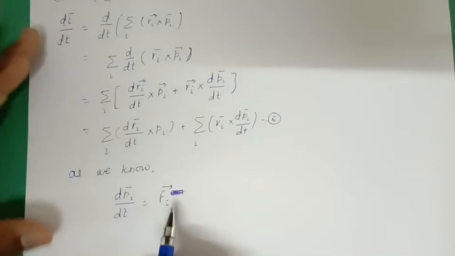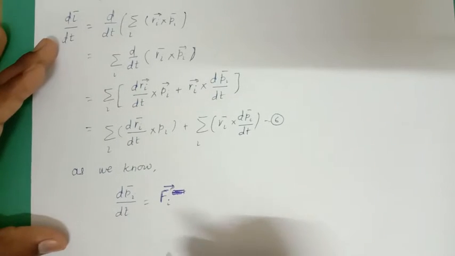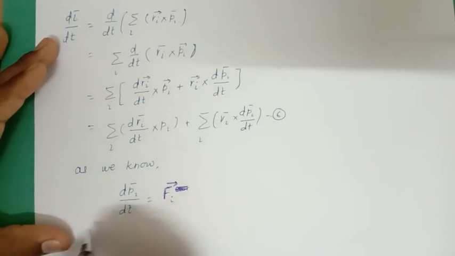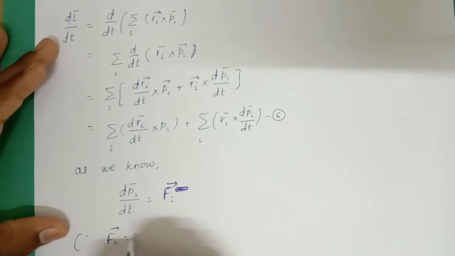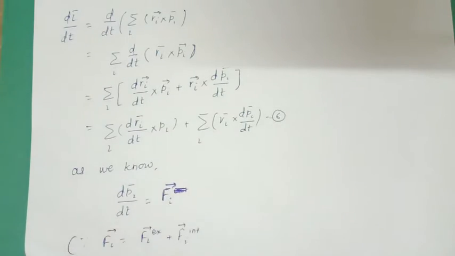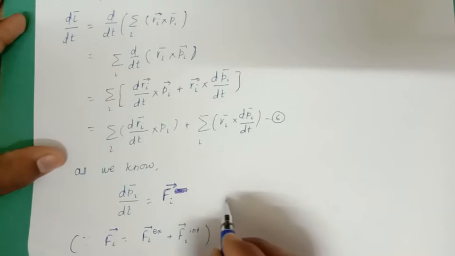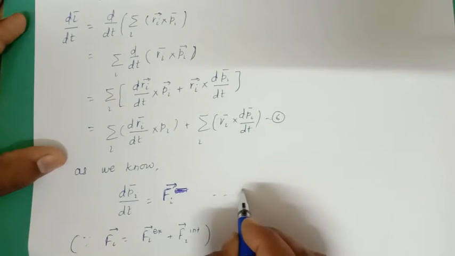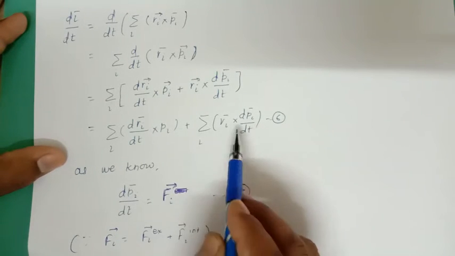So instead of this external, which is only the Fi, force acting on the system, Fi bar is Fi external plus Fi internal. So it is the sum of these two forces, external force and internal force. Okay, so this is equation number 7. So we can use this dpi by dt in these equations.